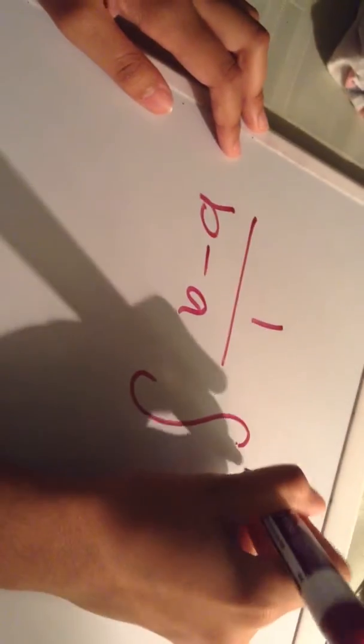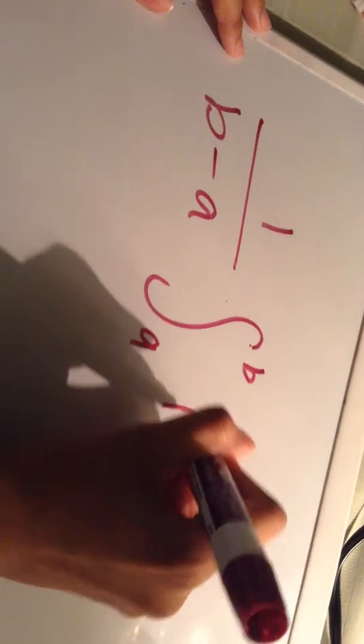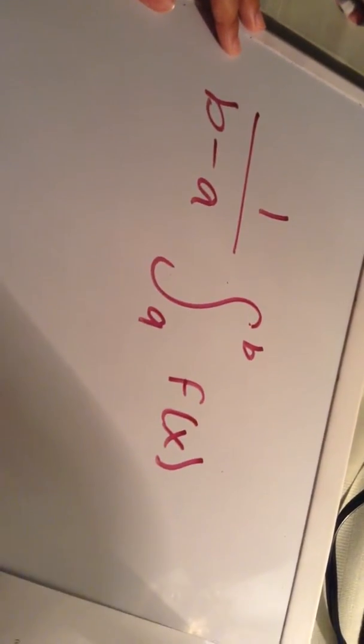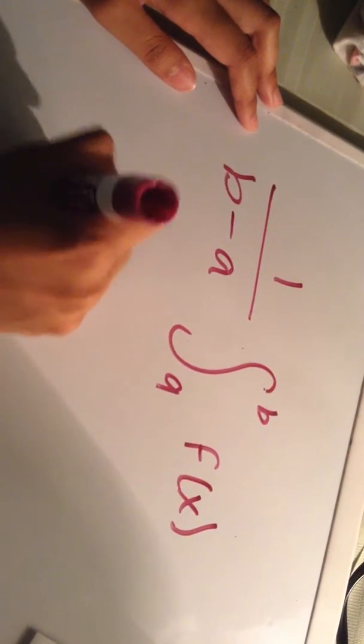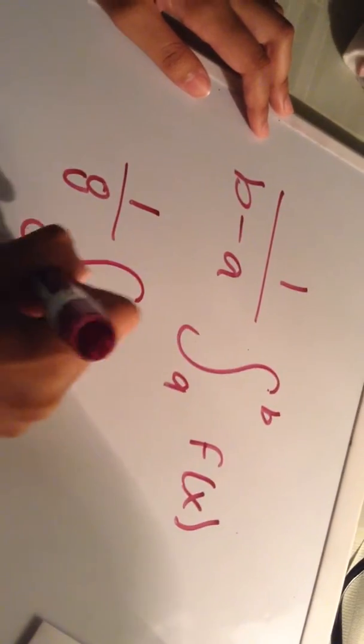It's asking you the average temperature. So think of the average value formula, which is 1 over B minus A, integral from A to B of that function. We will do the same thing, and it's asking us to go over the entire table, so that's going to be 1/8 from 0 to 8.